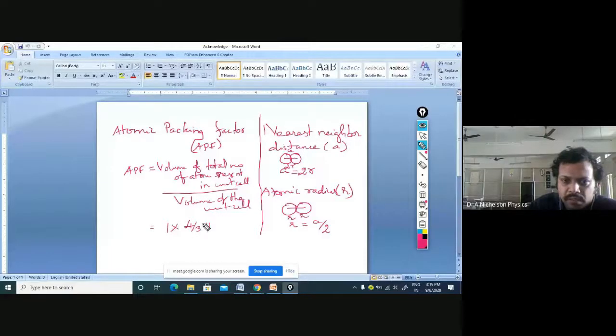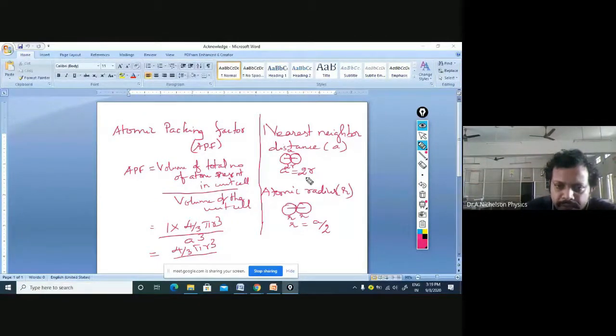So what about the volume of the unit cell? It is given by a cube, since the side is a. Now you convert this a in terms of R. So you get 4 by 3 pi R cube divided by a cube, where a is equal to 2R, so 2R the whole cube, 2 cube means 8 R cube.